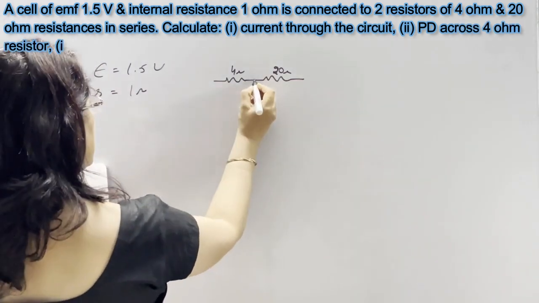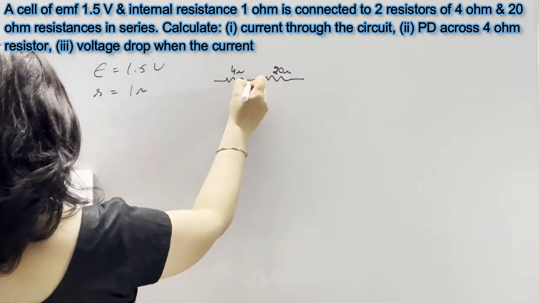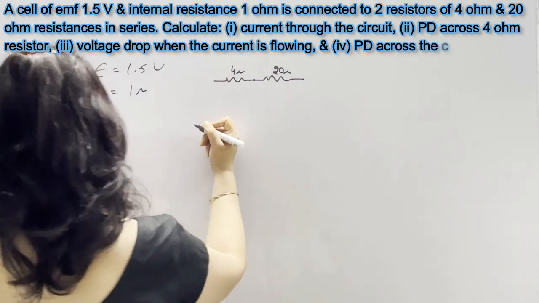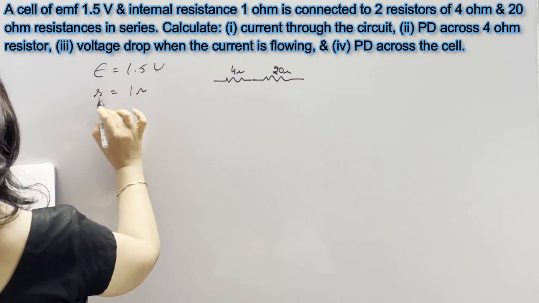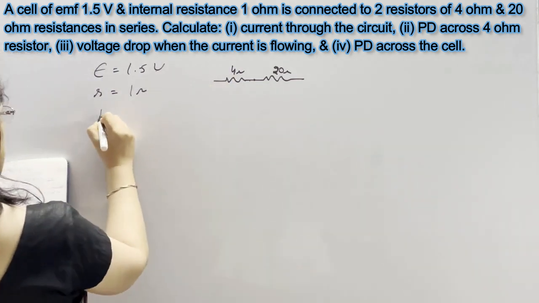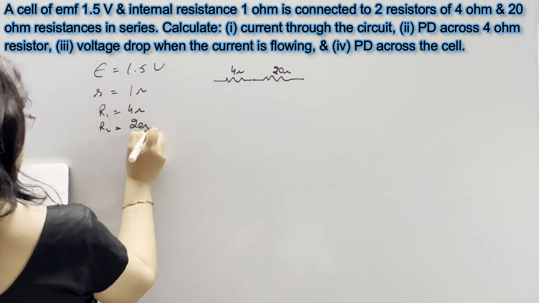Now calculate the current through the circuit, potential difference across this 4 ohm resistor, and then voltage drop when current is flowing, and then potential difference across the cell. First of all, the given data: EMF is 1.5 volt, then internal resistance r, it means 1 ohm, and R1, we are taking R1 as 4 ohm and R2 as 20 ohm.